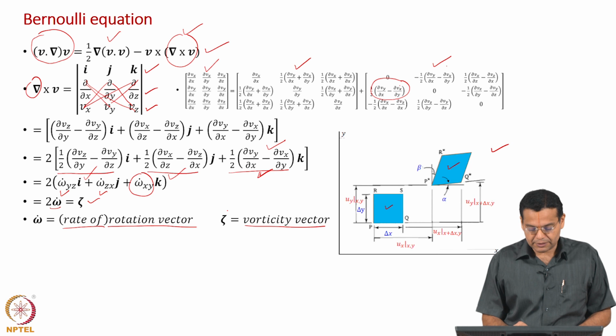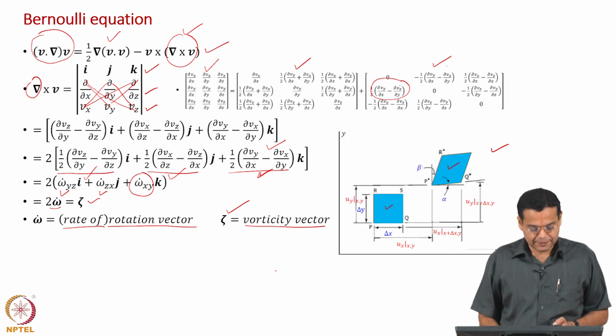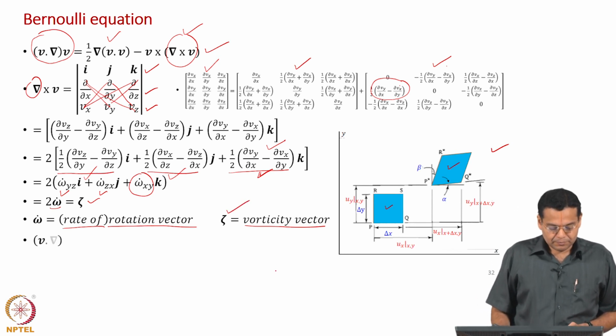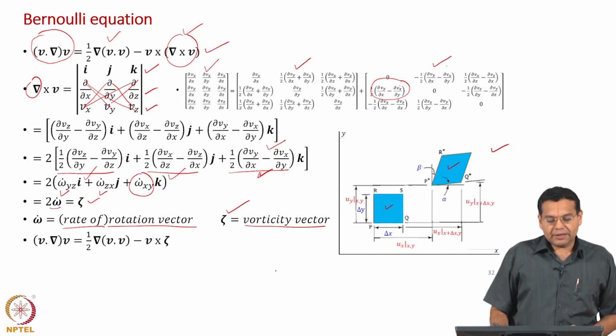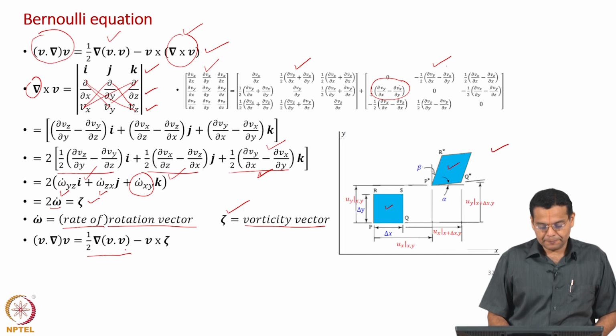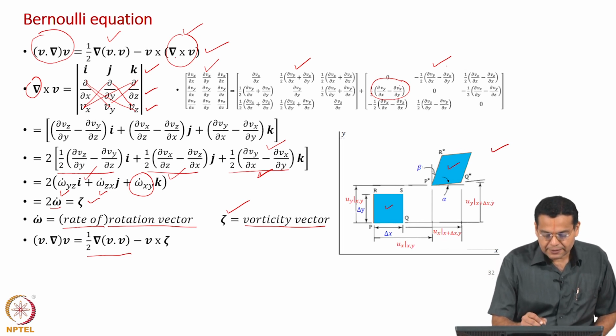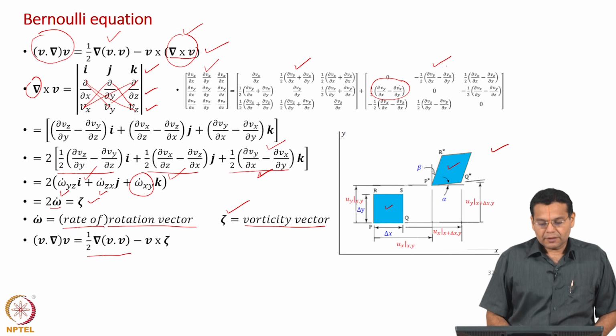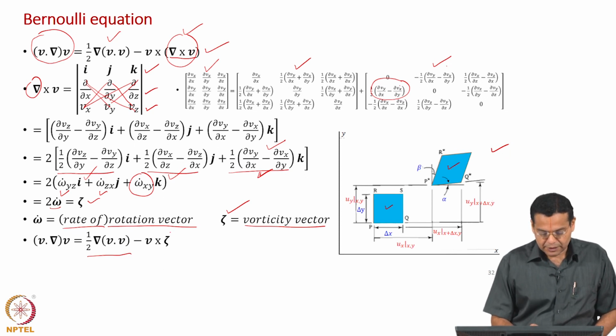So, we denote that by the vorticity vector. So, let us do that. Left hand side is the convective acceleration term, and right hand side we have this term, gradient of V dot V, and I am replacing del cross V, the curl of V, with the vorticity vector.